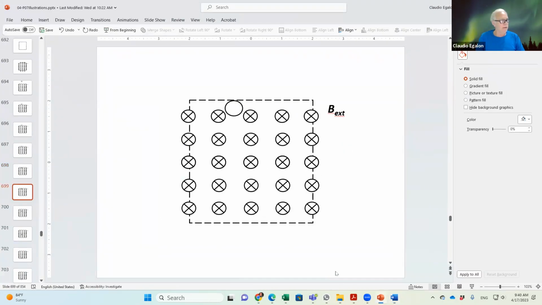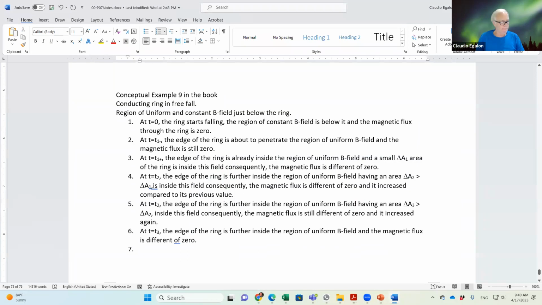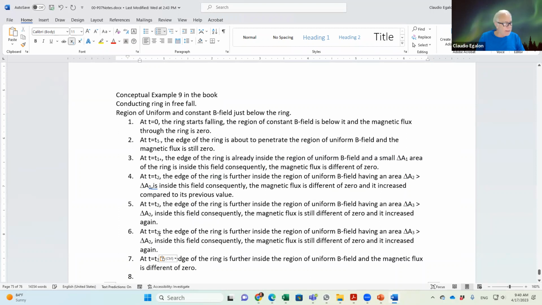Finally, this one should be t3, I've got to change that.